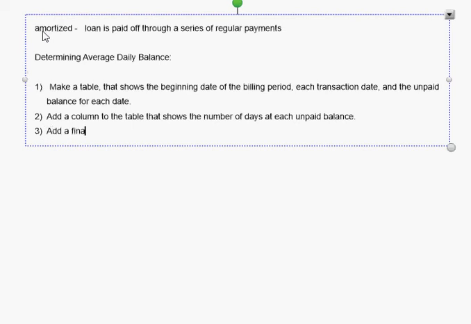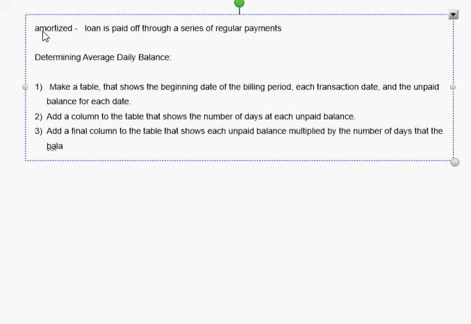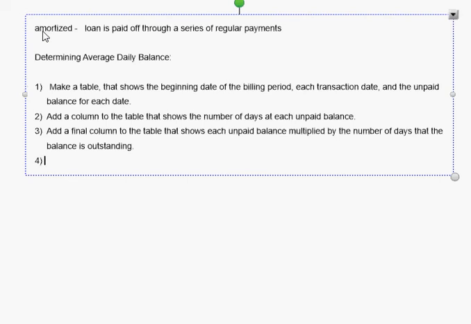Add a final column to the table that shows each unpaid balance multiplied by the number of days that the balance is outstanding. Find the sum of the products in the final column of the table.